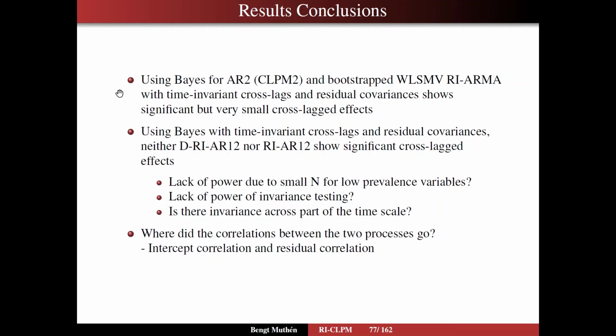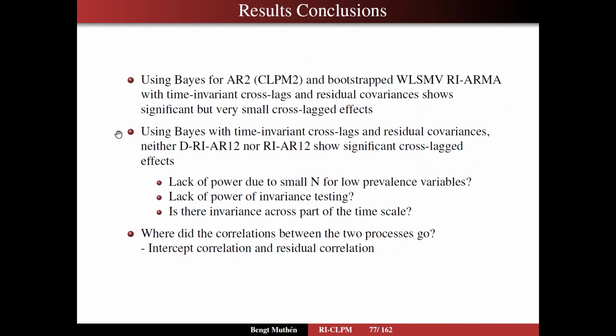The effects are around 0.05 in a standardized metric, so that's of no practical interest. Using Bayes with time-invariant cross-lags and residual covariances, neither RI-AR12 nor RI-CLPM 12 show significant cross-lagged effects at all.